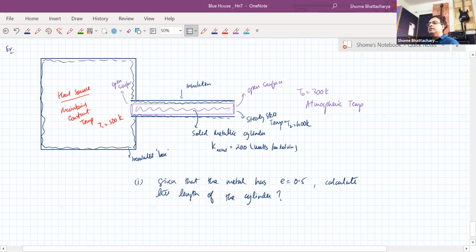Because at steady state, the temperature of this surface is 400 Kelvin. Okay.